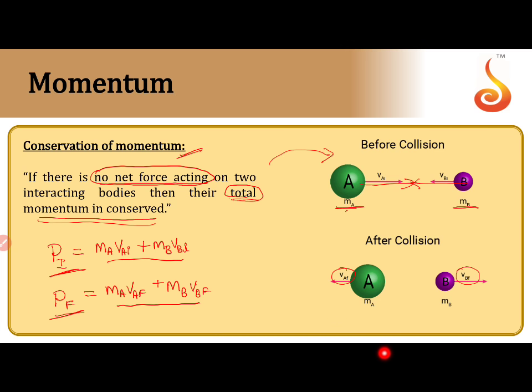So let me take, for example, there is a ball of mass m1, or MA as per the previous problem, moving in this direction with an initial velocity equal to u1.